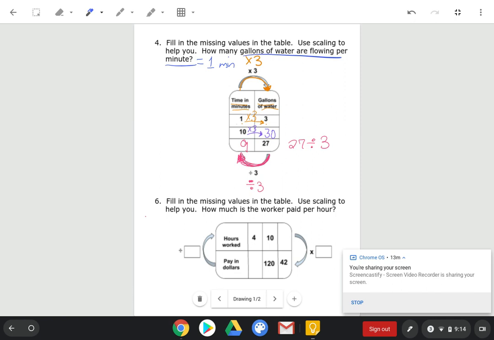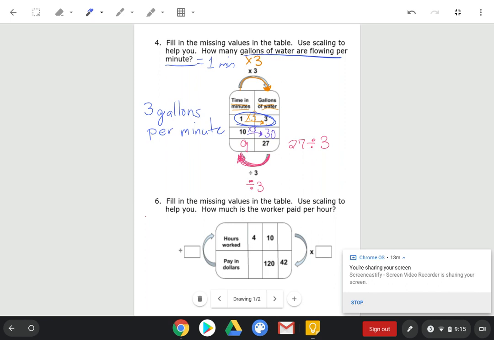So we can look right here and we can tell that 3 gallons of water per minute are flowing. And that is the answer.